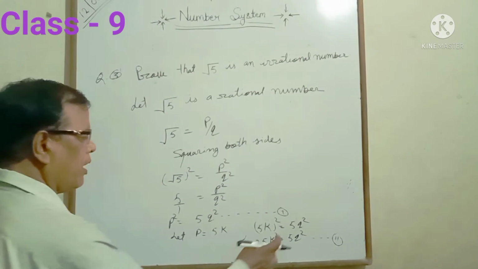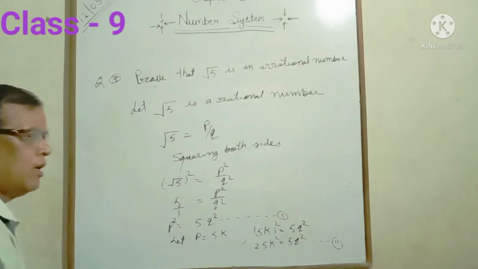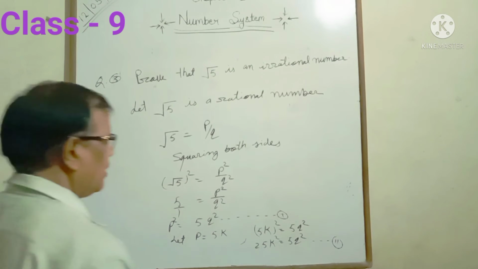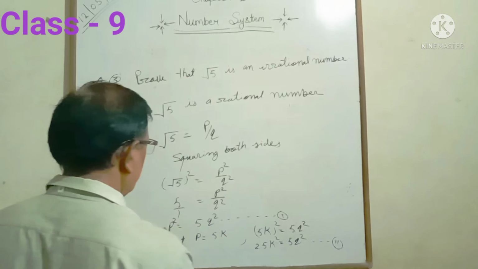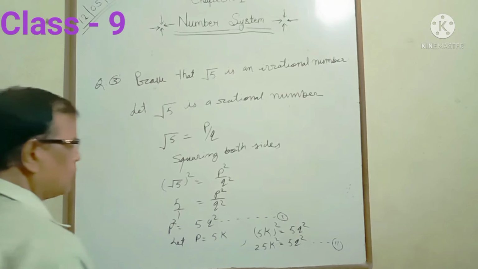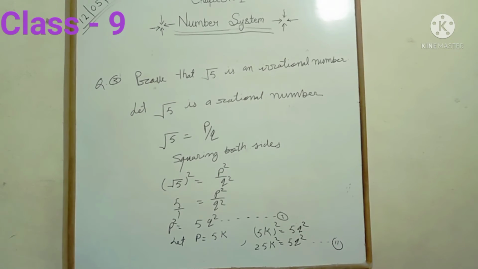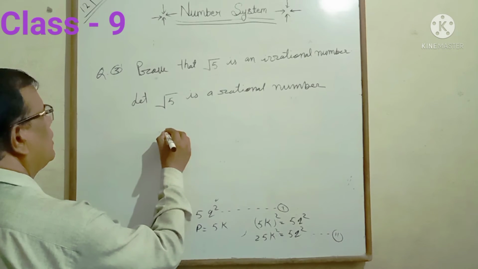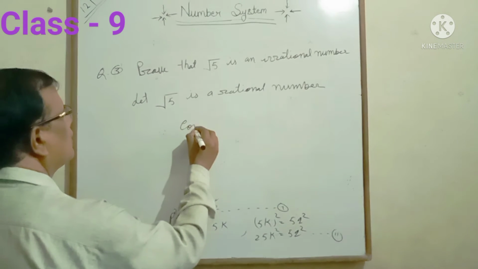Now we see that 5 is on both sides. It is common in p and also in q, so 5 is a common factor. So there is a contradiction.